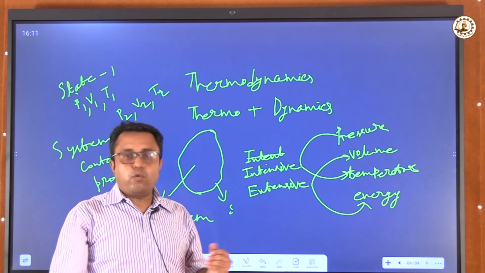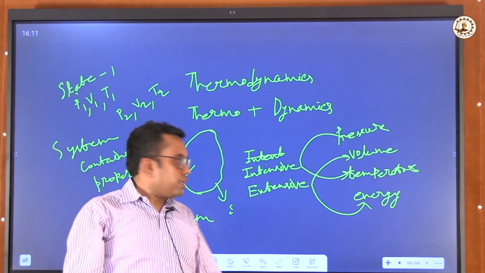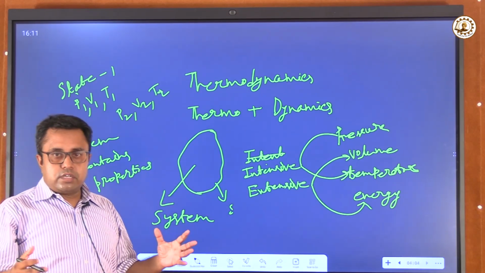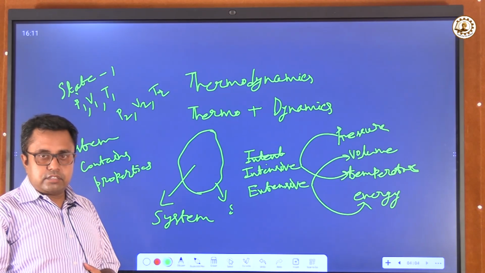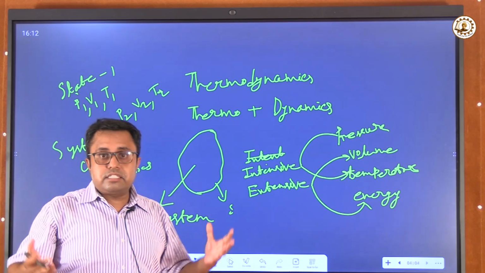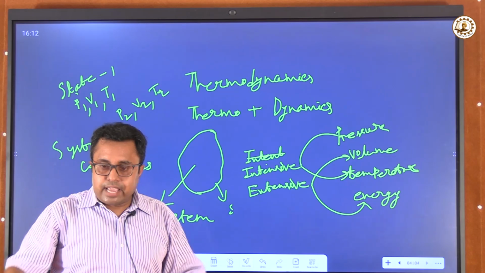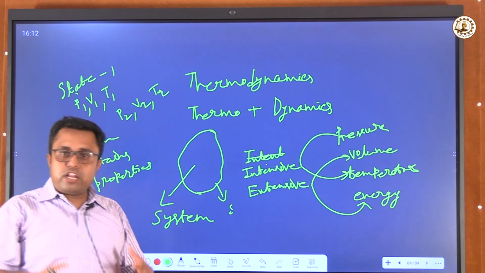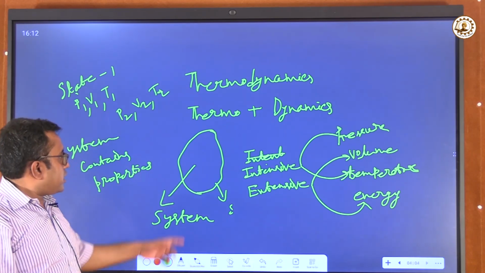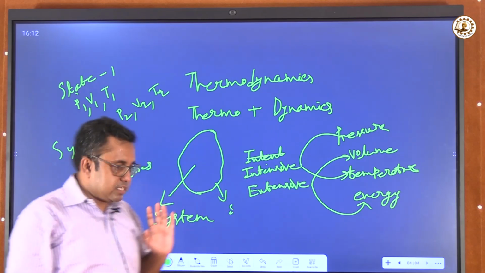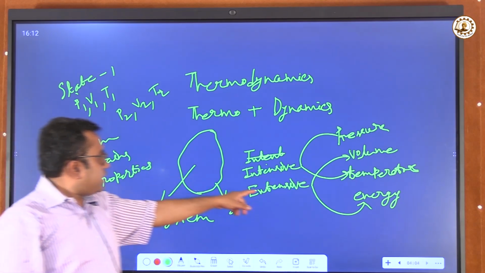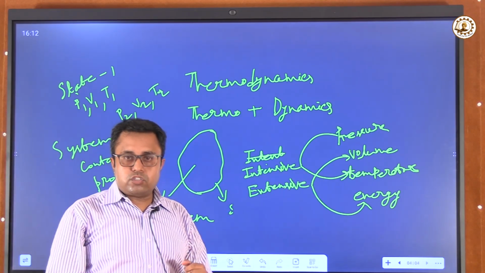Then you may ask how? Volume: I stand here, and what is the volume I capture in this area? This depends on the mass of my body. For that reason, it is dependent on mass. Secondly, energy also.